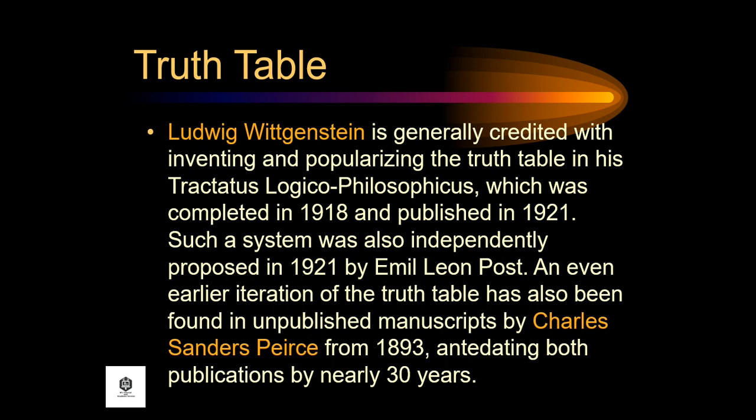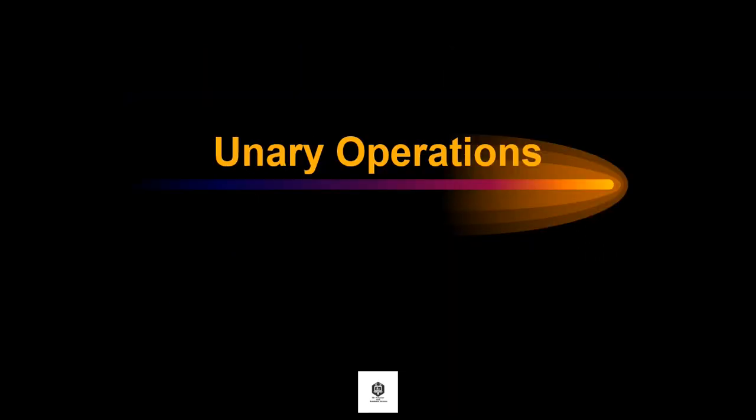Such a system was also independently proposed in 1921 by Emil Leon Post. An even earlier iteration of the truth table has also been found in unpublished manuscripts by Charles Sanders Peirce from 1893, antedating both publications by nearly 30 years.